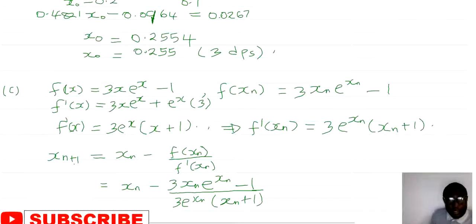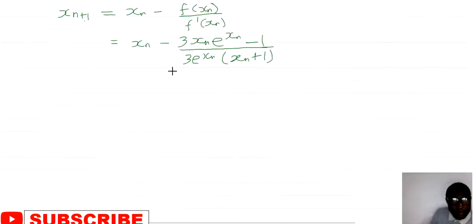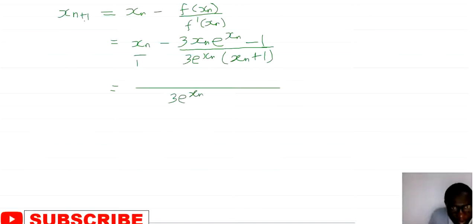Next we are going to get the LCM. So we are going to get the LCM there. LCM, this is over 1. It's going to be 3 exponential xn into bracket xn plus 1. So this denominator divided by 1, you get this very 1 times xn.